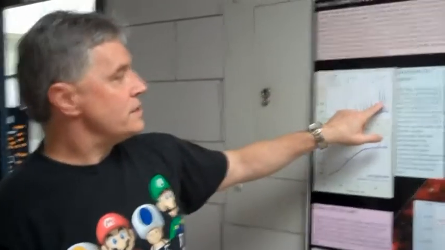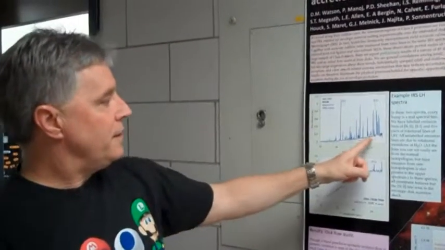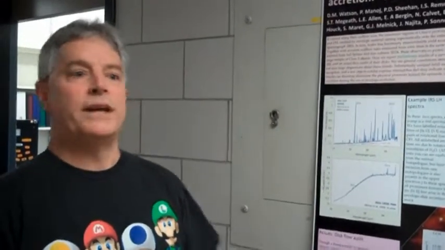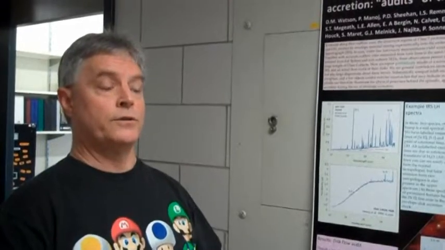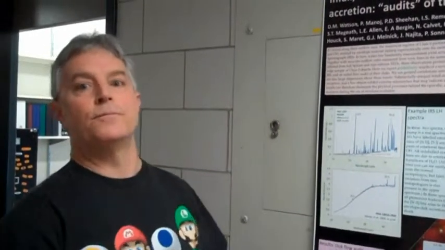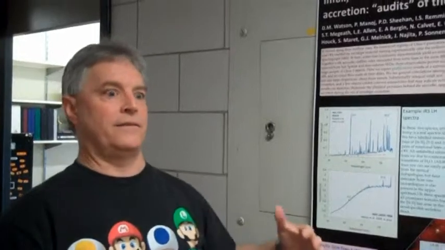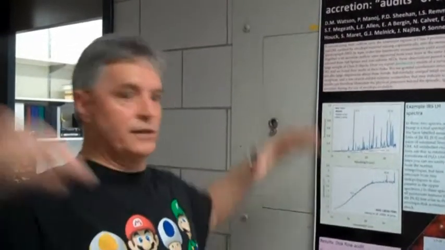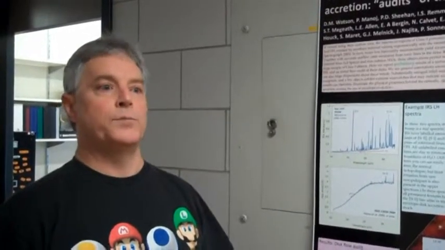From the brightness of these spikes that have to do with water, we can figure out how many water molecules per unit time are falling on the surface of this disk. From the brightness of this line and this line, we can actually figure out how much material is being flung out as a result of needing to balance energy, momentum and spin as this gravitational collapse process takes place.